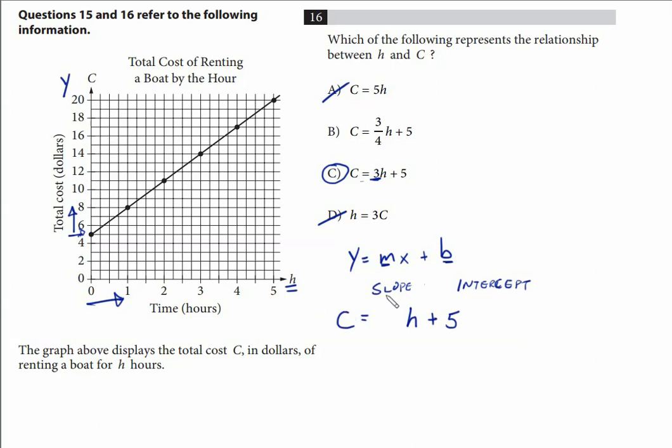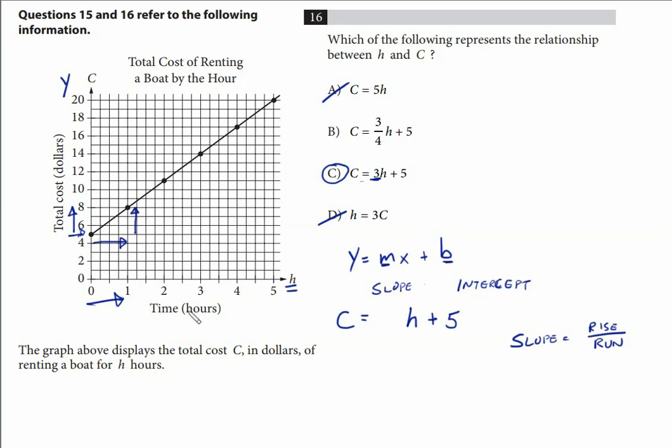So now let's look at the slope real quick. Slope is rise over run. It's a quick way to remember what slope is, and what that means is that we're trying to figure out the change in the y direction over the change in the x direction.